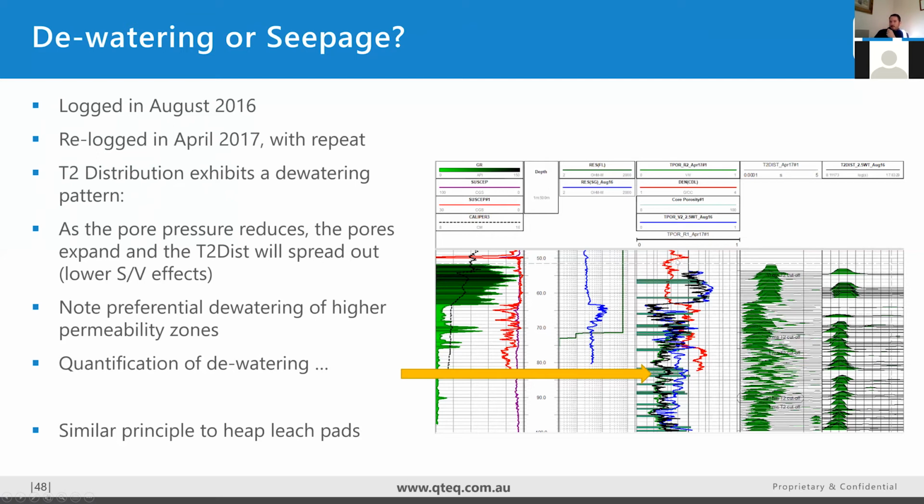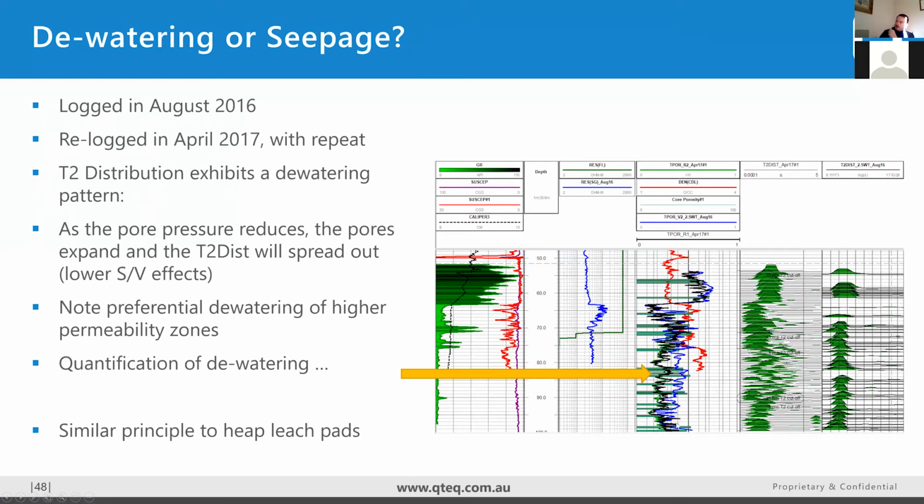So the first one's done back in August 2016, and then we repeated them with 2017. So the original data was pre-watering was this high blue line, and we see good correlations between the core values in the lab as well.